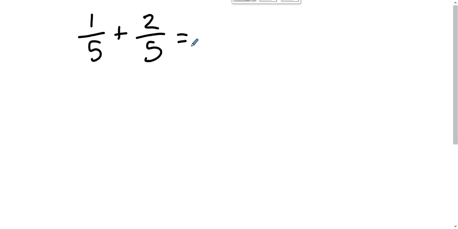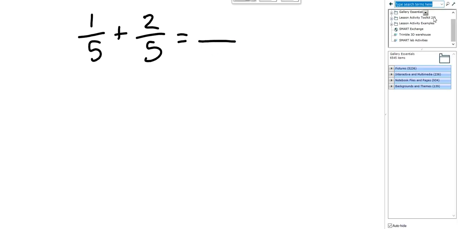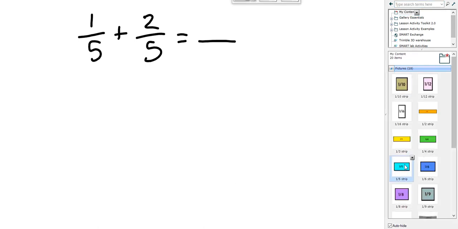So if the denominators are the same, this is fairly straightforward. To be clear, here's what we mean.